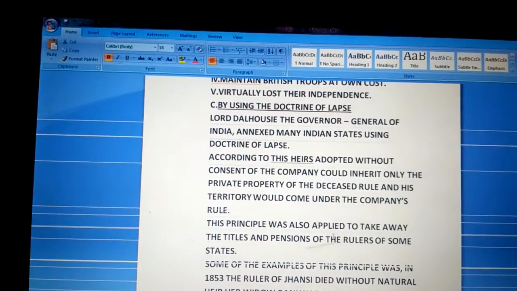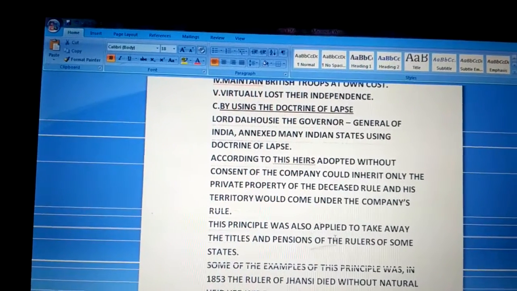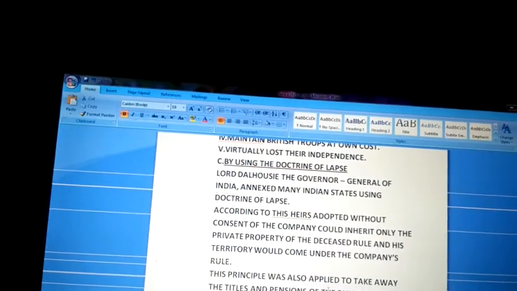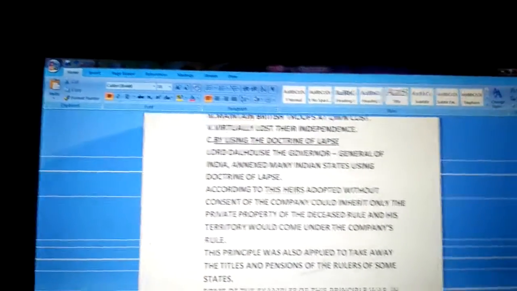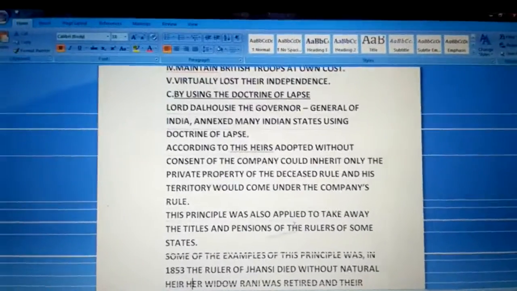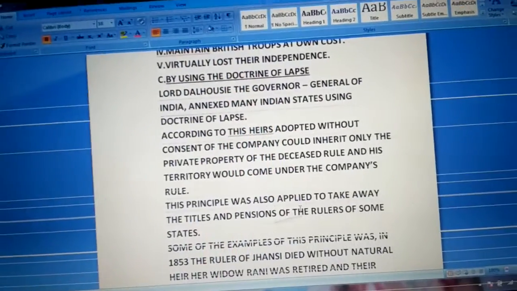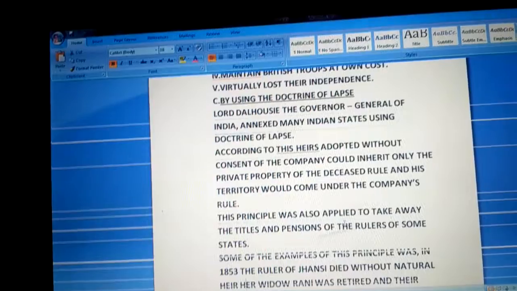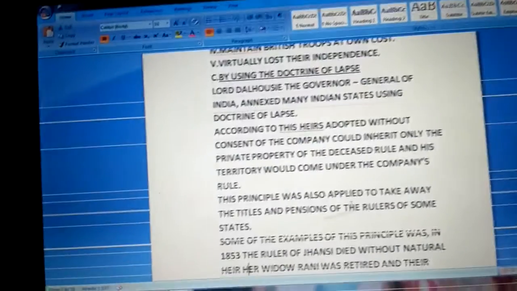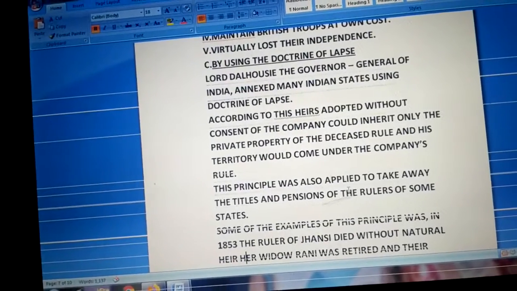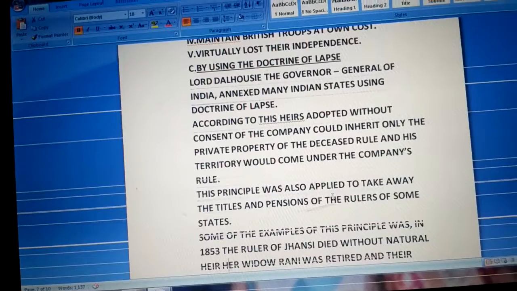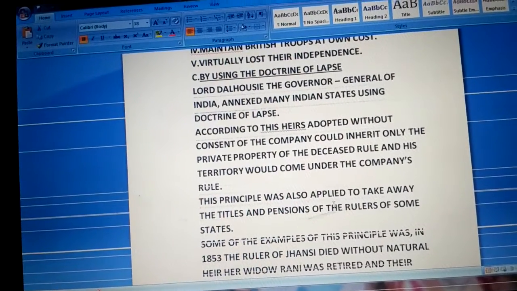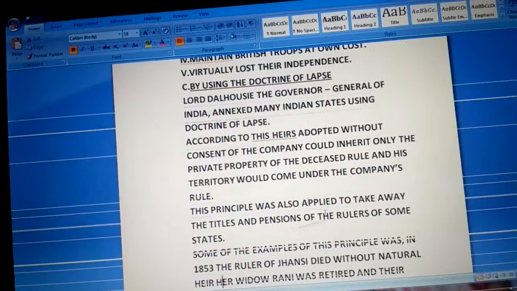What will happen according to the doctrine of lapse? Listen, under this doctrine of lapse, this is a very important point. The king sits on the throne according to succession.